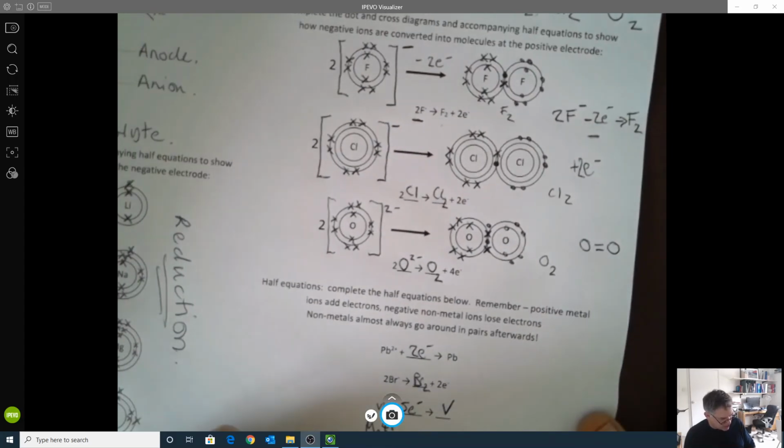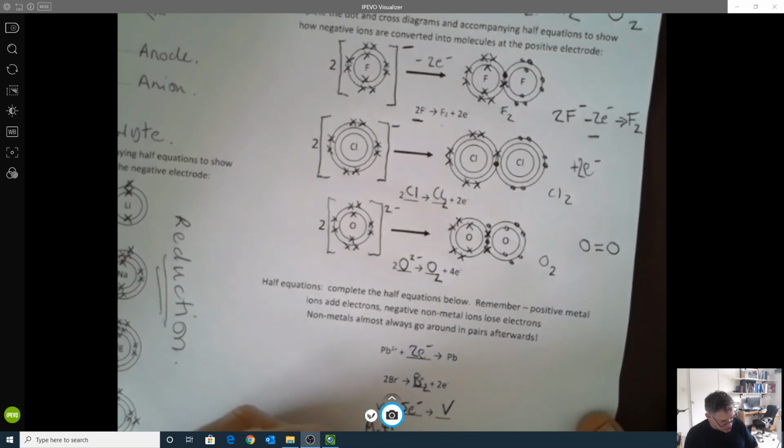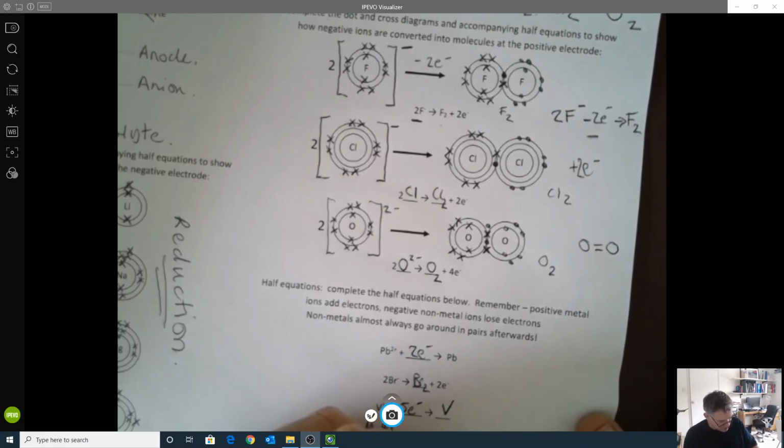This is a nitride ion, which goes around in pairs to give nitrogen. Now, I need 2 lots of my nitride ion to make N2, and that gives me 2 lots of 3 minus, which gives me 6 minus. So I've got to lose those 6 electrons to give my neutral N2. So it's going to be plus 6 electrons on that side.